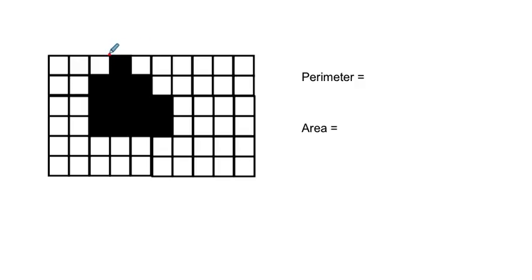So let's start right here and find the perimeter. 1, 2, 3, 4, 5, 6, 7, 8, 9, 10, 11, 12, 13, 14, 15, 16. So our perimeter is 16 square units.